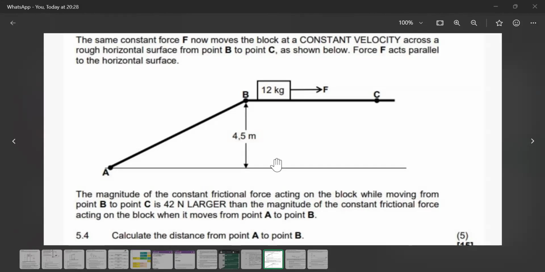The magnitude of the constant frictional force acting on the block while moving from point B to point C is 42 newtons larger than the magnitude of the constant frictional force acting on the block when it is moving from point A to B.